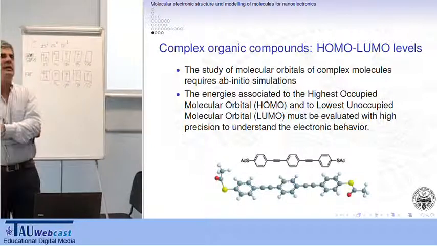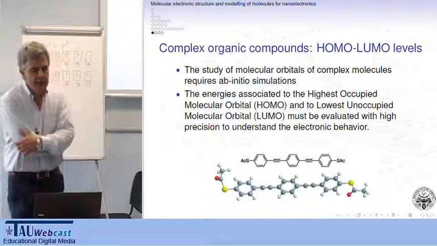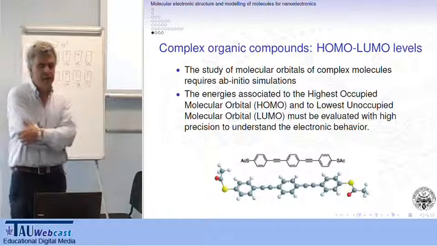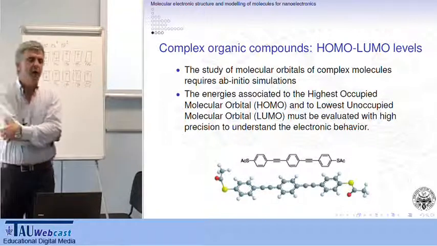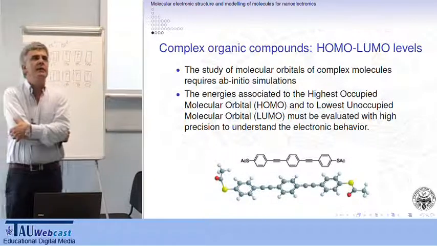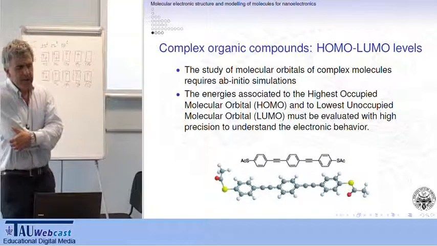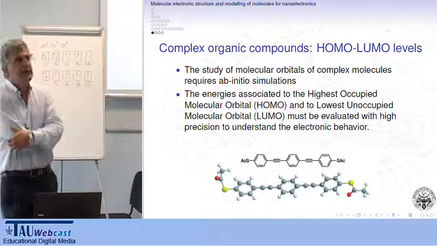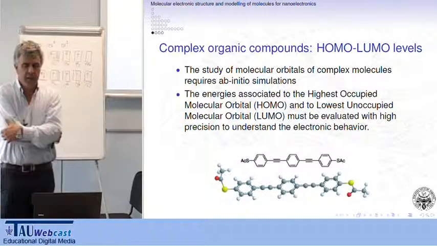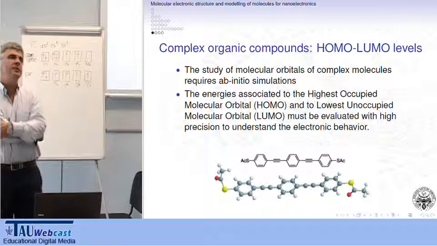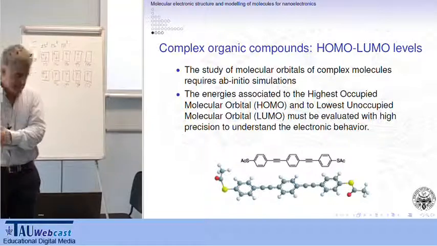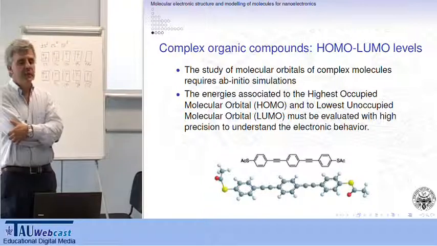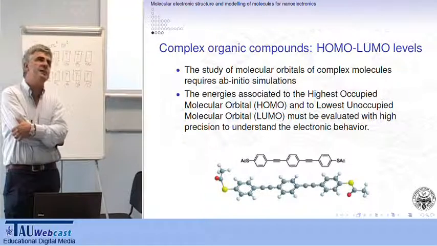In general, in molecular electronics, we use some reference levels. The first one is the HOMO, H-O-M-O, the highest occupied molecular orbital. This level can be associated with the valence band in a semiconductor. So it is a level generally occupied when the molecule is in the ground state.